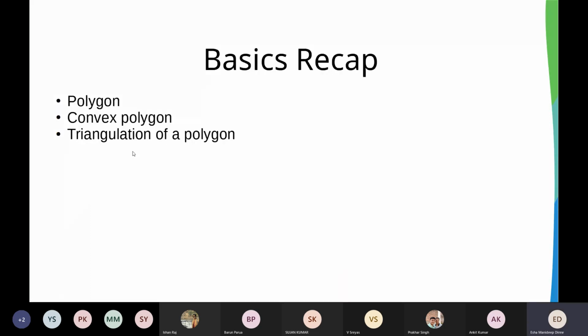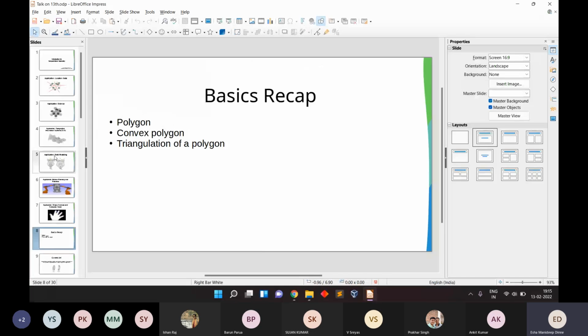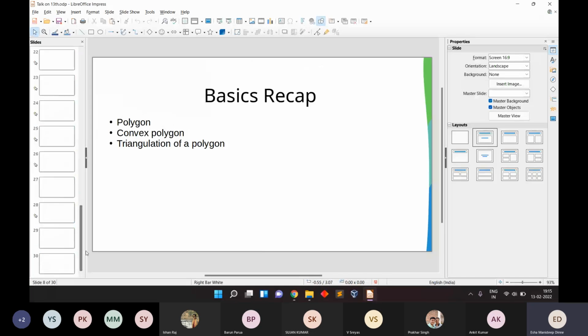So you know what a polygon is, right? And a convex polygon is a polygon where all the angles are convex and not reflex, so all the angles are less than 180 degrees. The third one is triangulation of a polygon. Let me show you what a triangulation is.